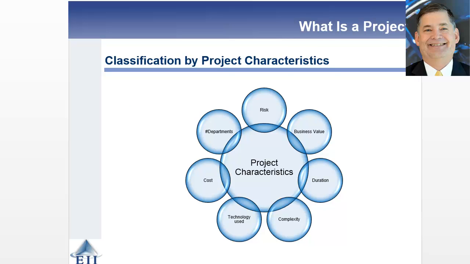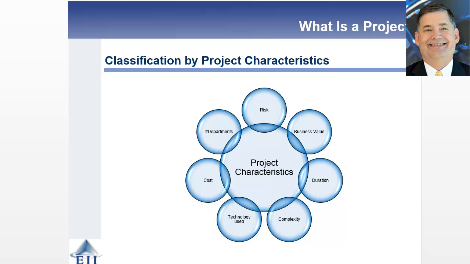Here are some characteristics, and hopefully these make sense to you. Different project management life cycles have different degrees of risk associated with them, different measures of business value, different durations and complexity. Different technologies will be used to realize the solutions. Cost varies.